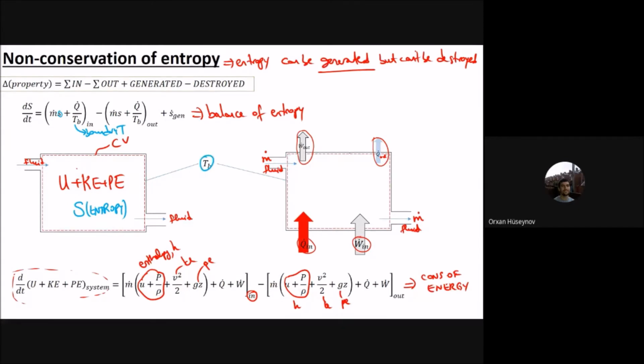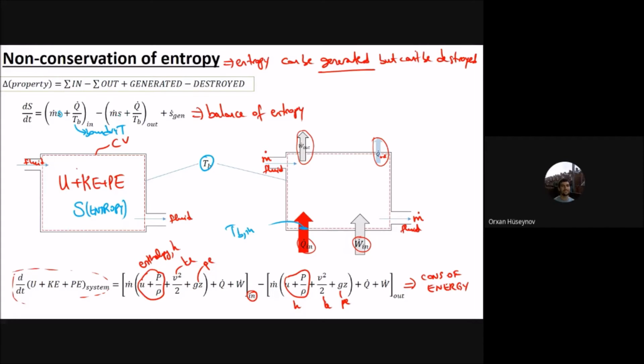So the system has some boundary temperature here, but for the heat transfer, we are interested in the boundary temperature here. So let's say that TB in. You can see now that this is for the inlet.